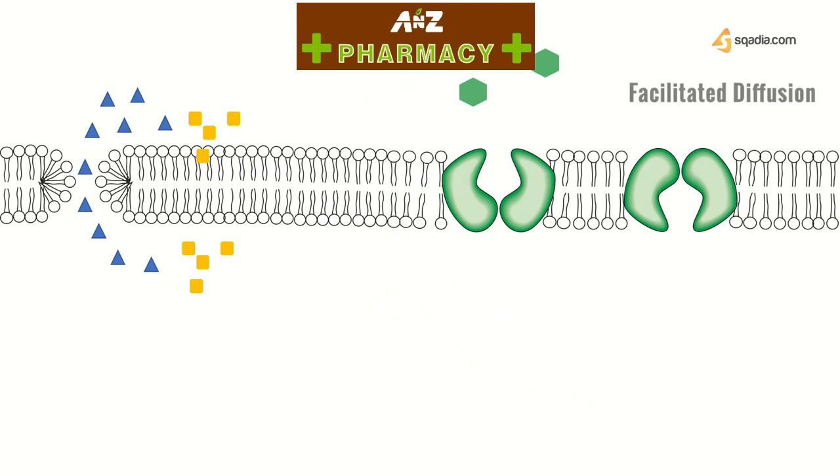Now coming to the facilitated diffusion, other agents can enter the cell through specialized transmembrane carrier proteins that facilitate the passage of large molecules. These carrier proteins undergo conformational changes, allowing the passage of drugs or endogenous molecules into the interior of the cells and moving them from an area of high concentration to an area of low concentration.